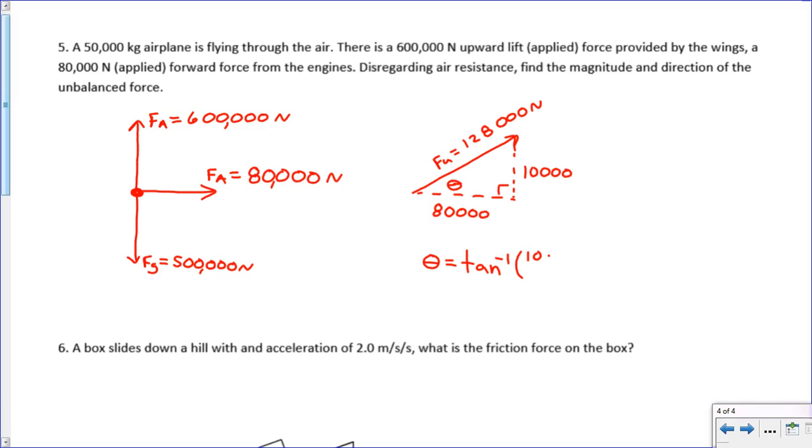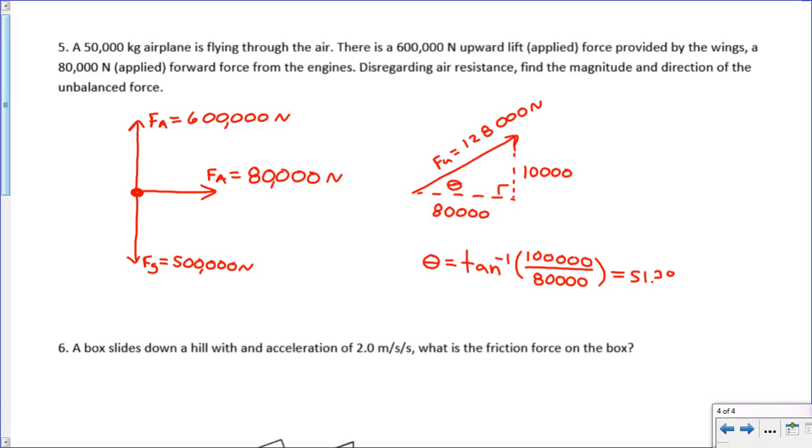So 100,000 over 80,000. And what we get here is 51.3 degrees.